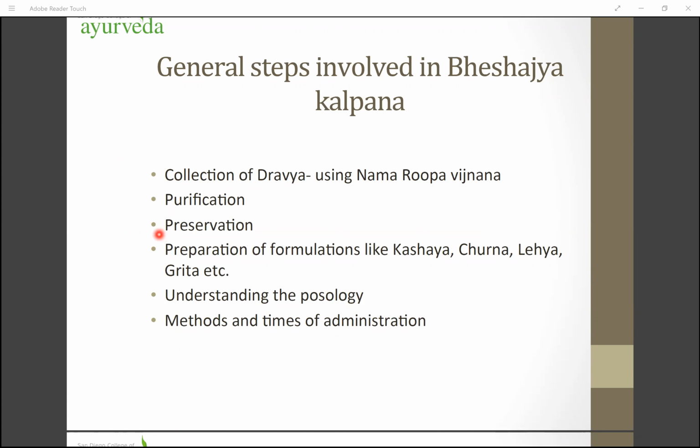I can have amlaki in one jar, vibhitaki in one, and haritaki in one. The next option is I can dry them and then powder them and store them in separate containers, where I dry and powder my amlaki, haritaki, and vibhitaki. The third option is I can mix them together after I have powdered them, and then store them together in one jar as the formulation, which is triphala.